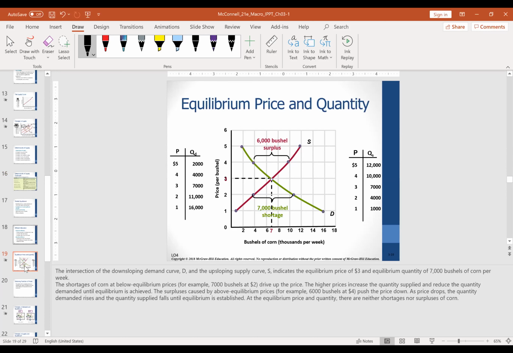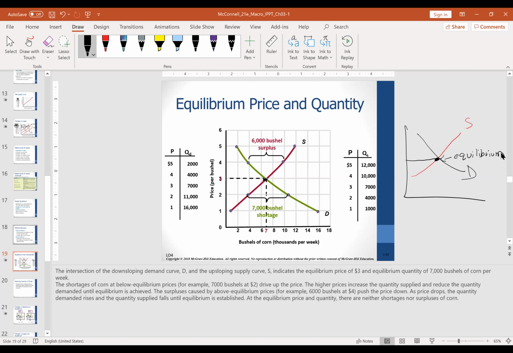We bring the demand curve and the supply curve together. Say this is my demand curve here, and this one's my supply curve. Wherever they meet, this point is called the equilibrium point.